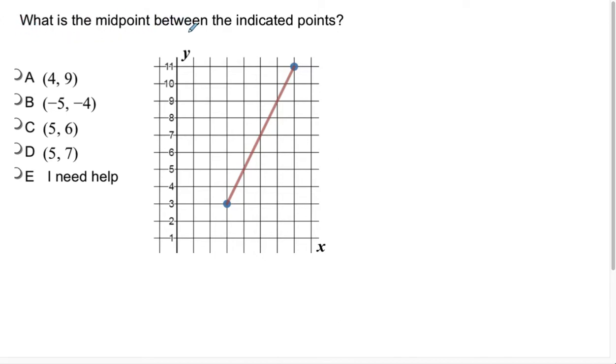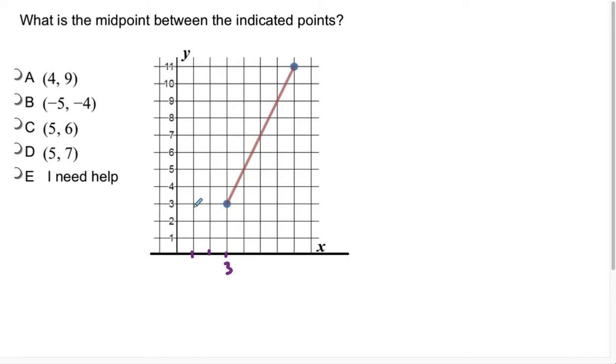It says here, what is the midpoint between the two indicated points? There is no labeling here, so I'm going to label them myself. The x-axis got cut off, so I'm going to redraw it right here. This is 1, 2, 3.